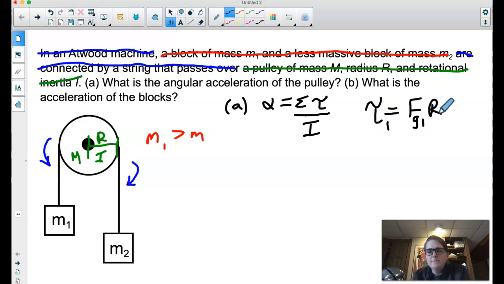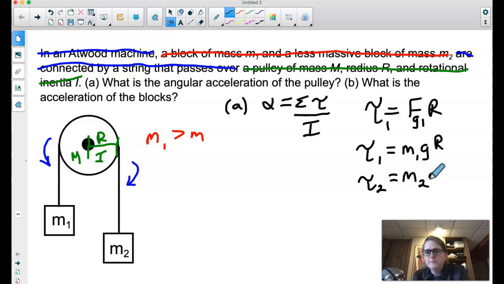So mass 1 is going to exert a torque of M1 times little g times R. Mass 2 is going to do something really similar, except it's going to be mass 2 instead of mass 1.